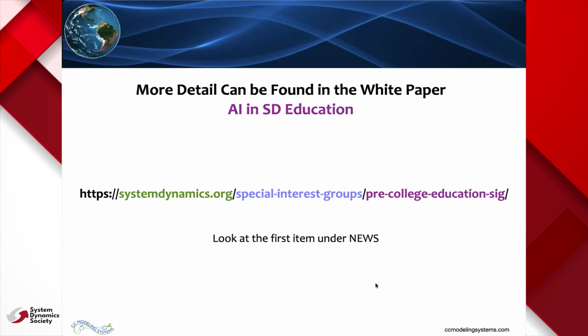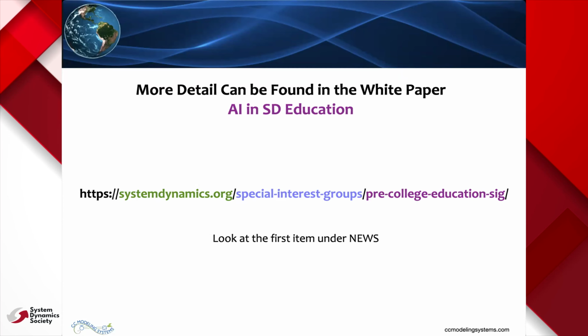I already did this. There is a white paper that a group of us put together, the AI in SD education group, with a whole lot of information from which I extracted what I put in my presentation. You can find that white paper on our webpage.